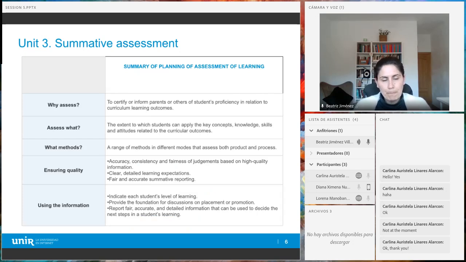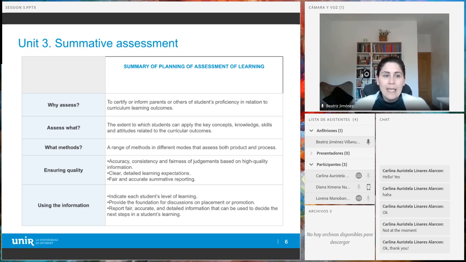Okay, so thinking about this assessment, we need to ask ourselves why to assess. Okay, so we assess to certify or to inform parents or students of their own proficiency in relation to the curriculum learning outcomes. So how they're doing in relation to those outcomes that we're following according to our curriculum.